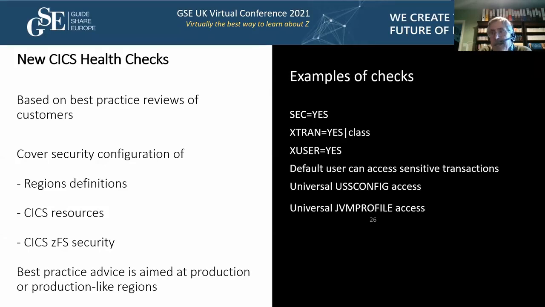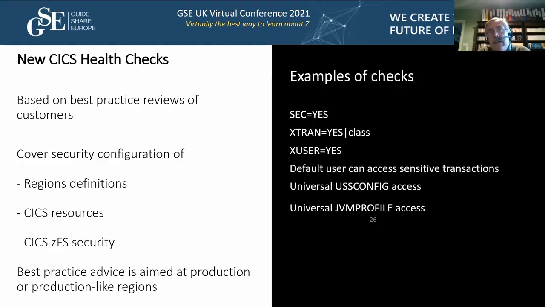Test regions may vary for certain customers, especially if they're totally isolated from the production regions and production LPARs. The types of health checks that we've got are configuration for region definitions, so the SIT parameters primarily, CICS resources, best practices in resource definitions, and also z/FS security.